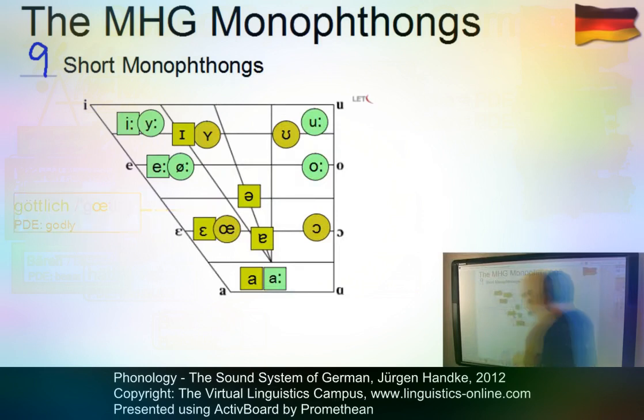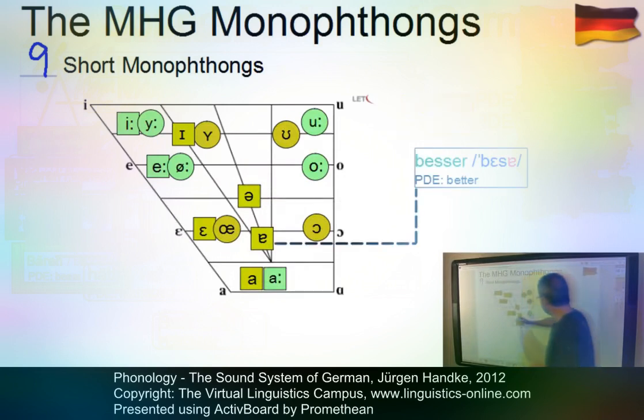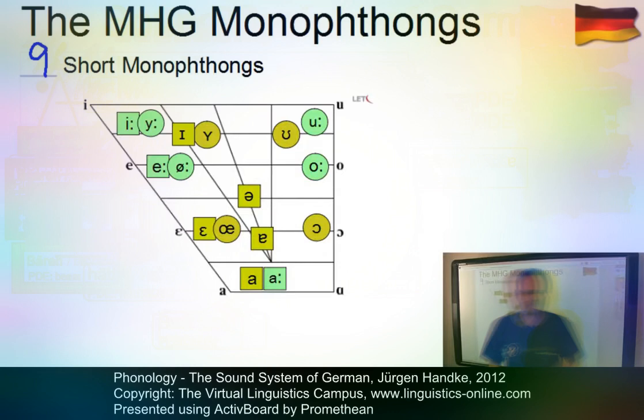And last but not least, there are 2 central vowels, the schwa in unstressed position, alle, and a low central vowel a, as in words such as besser. Okay, so much for the monophthongs.